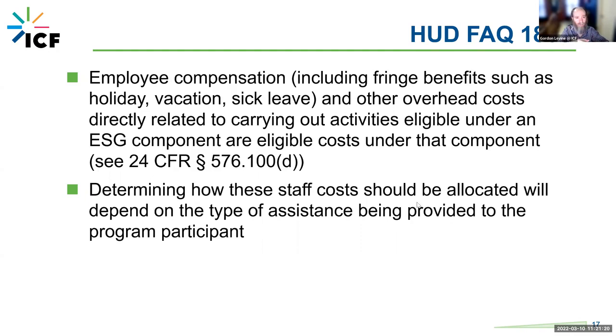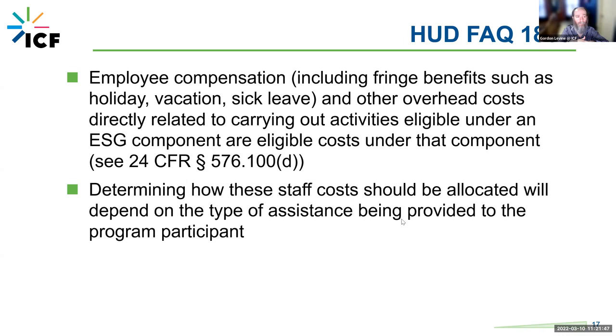And this is the big red blinking light that I want to highlight: it can't be agency overhead that is disconnected from the project. So for example, if your executive director is fundraising, and those funds might in some way be related at some point to ESG, those fundraising costs are not overhead that is directly related to an ESG component and would not be eligible under the ESG program.